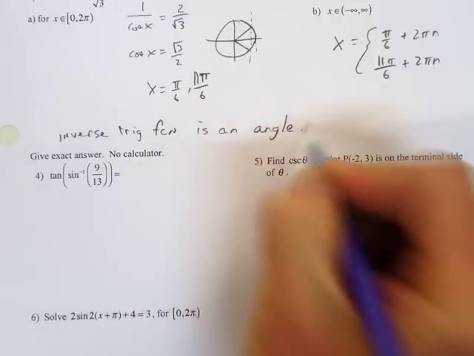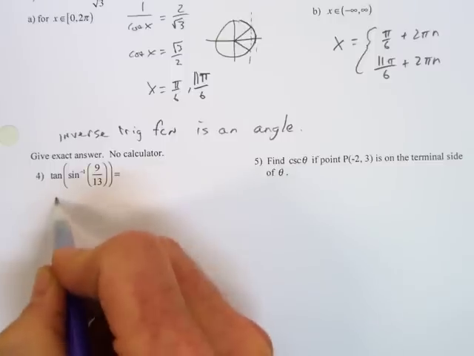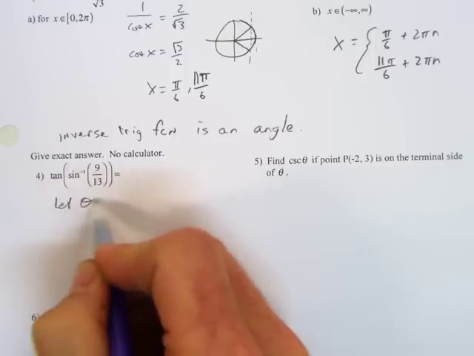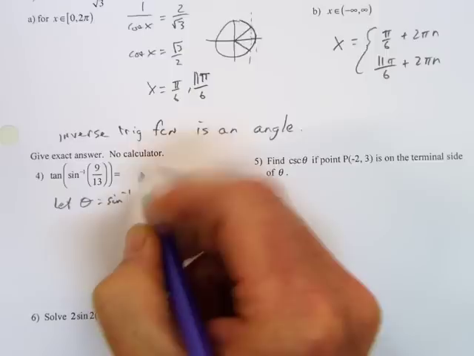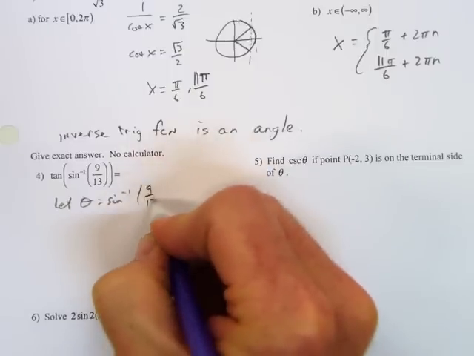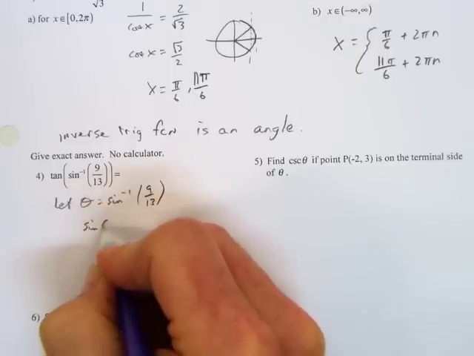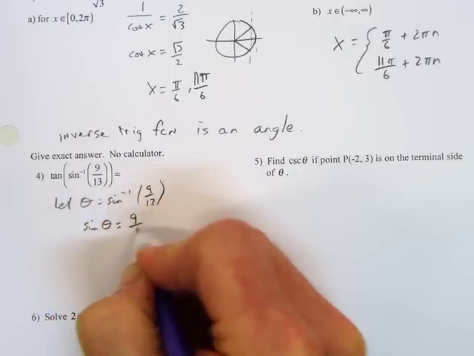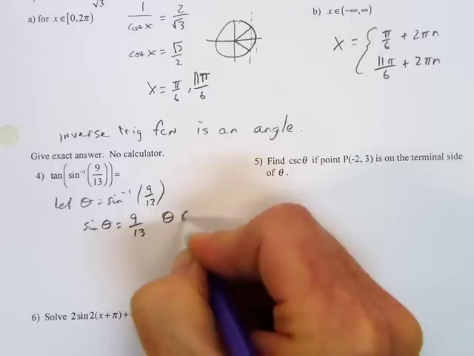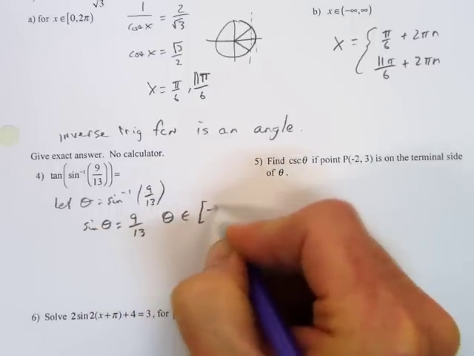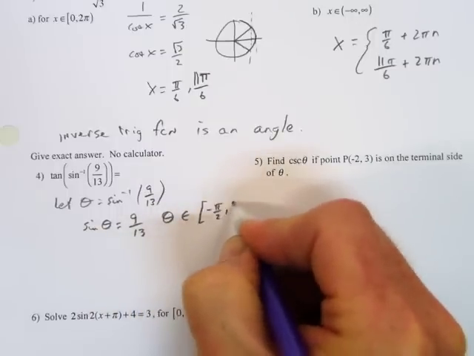So when we're looking at this, we'll say let theta equal the inverse sine of 9 over 13. So that tells us that sine of theta equals 9 over 13. For what values can theta be? That's what we just did above. That's negative pi over 2 to pi over 2.